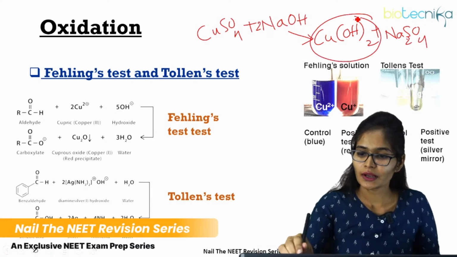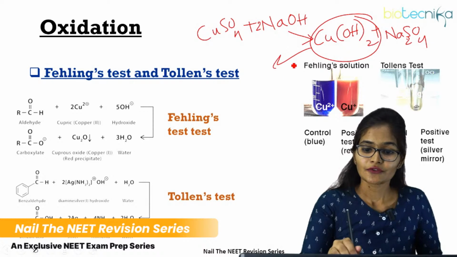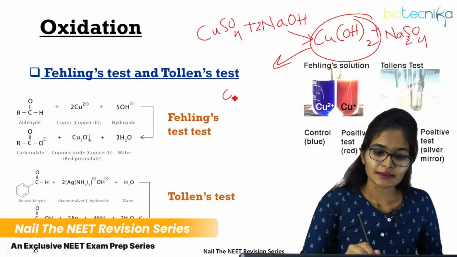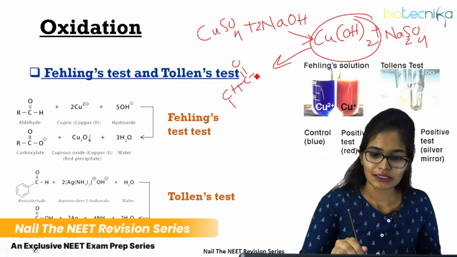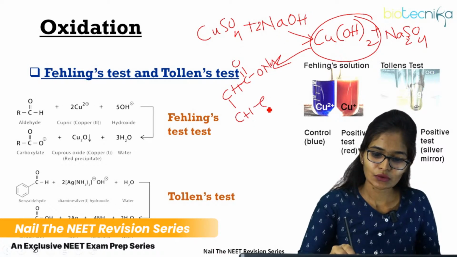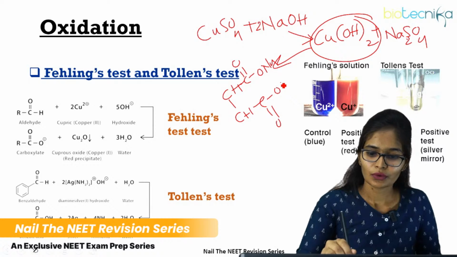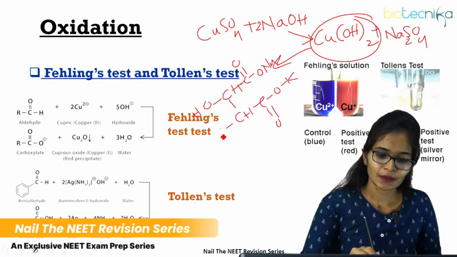This copper hydroxide will not keep quiet. It will further react with Fehling's solution B, the Rochelle salt, which has CHCOONa on one side and CHCOOK on the other, with OH groups.